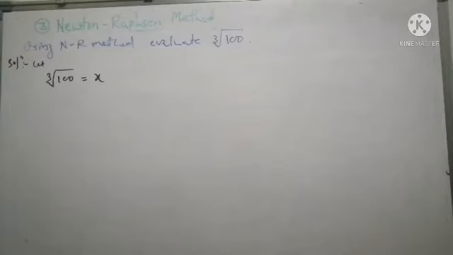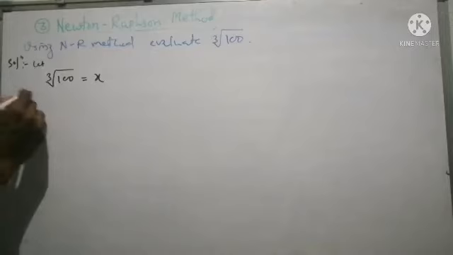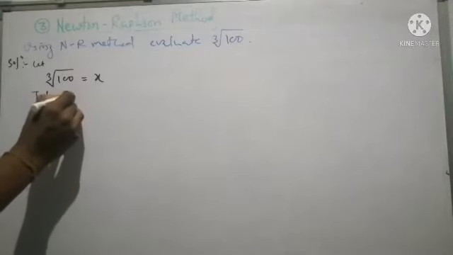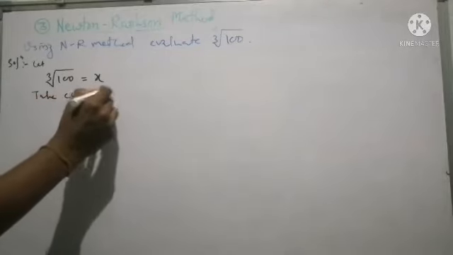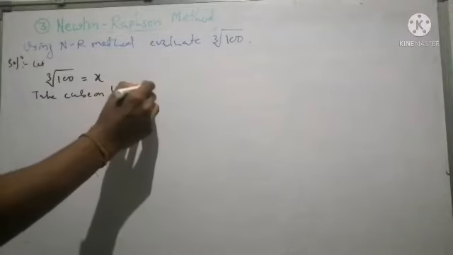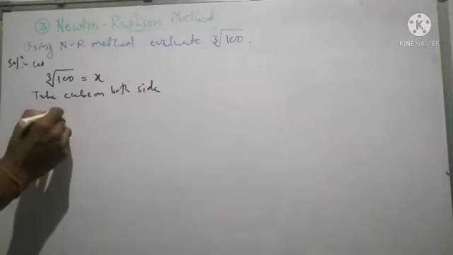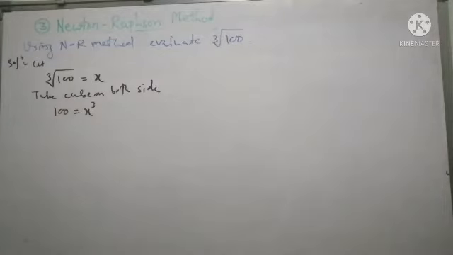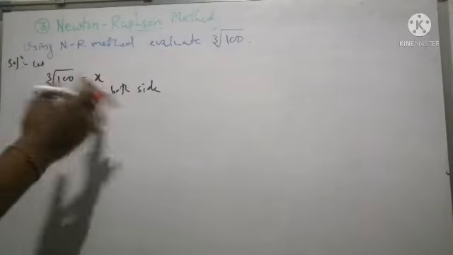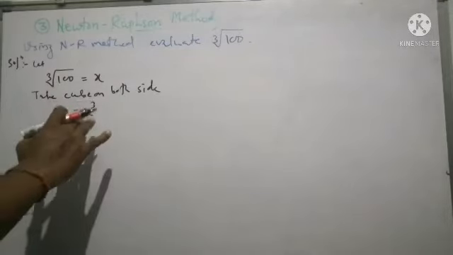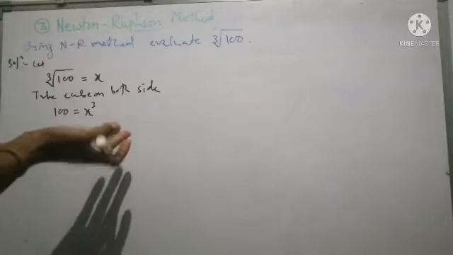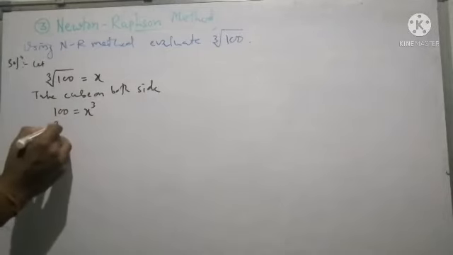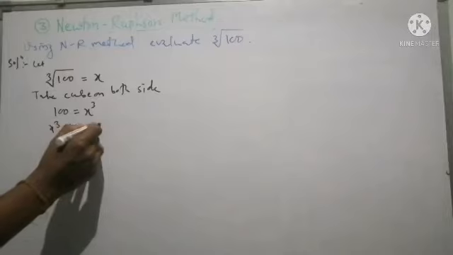So we simplify the index by taking the cube on both sides, so that the cube root gets cancelled with the cube and we get the left hand side as 100, and on the right hand side we get x cube. Now this equation can be simplified into the standard form of an algebraic equation by transferring 100 from the right hand side to the left hand side, so we get the equation x cube minus 100 is equal to 0.